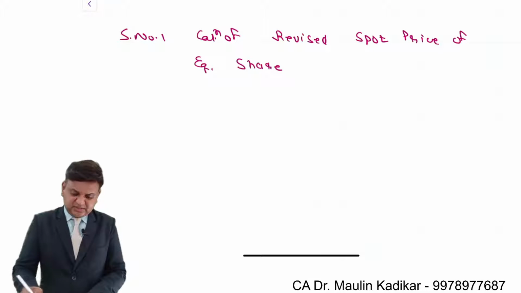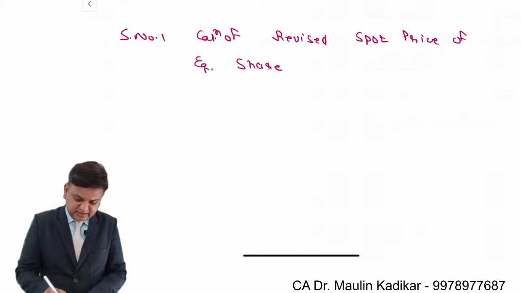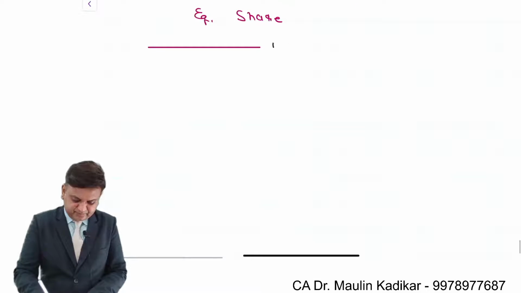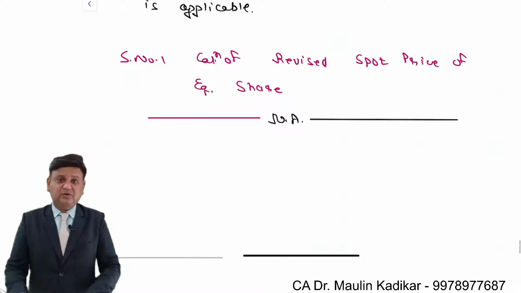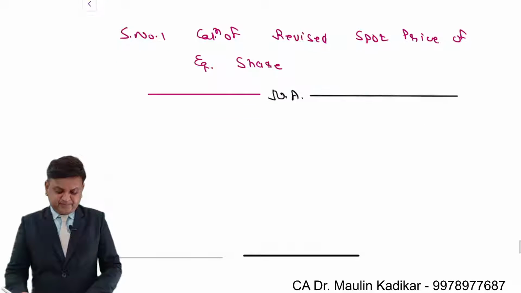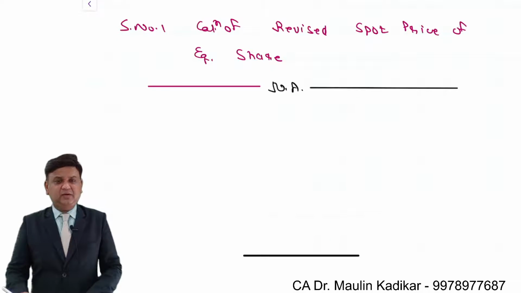As far as this question is concerned, step number 1 is not applicable. Why is it not applicable? Because we have not been provided with the dividend information. Step number 1 will be applied only if dividend information is given to us.